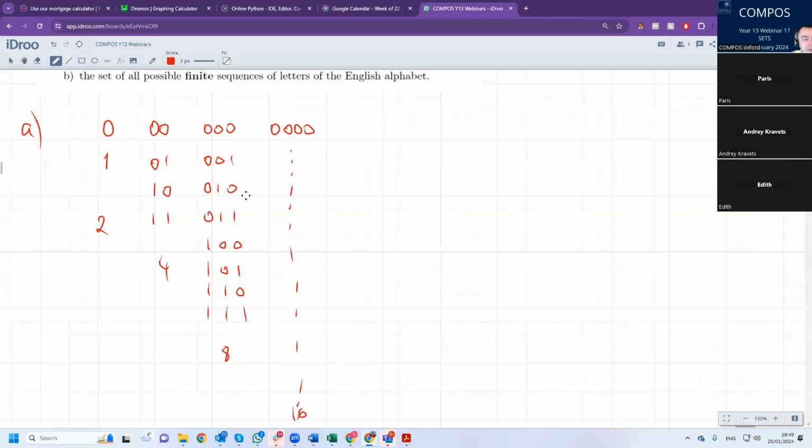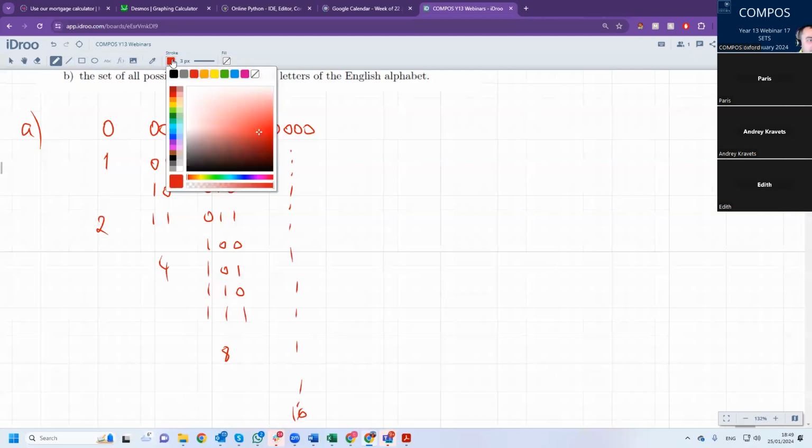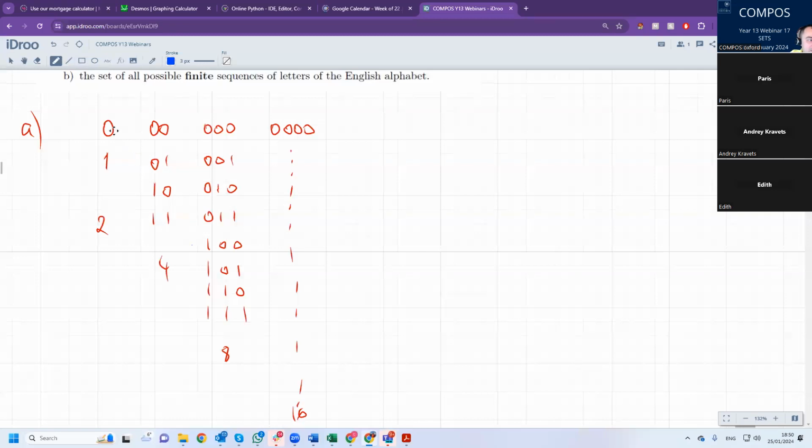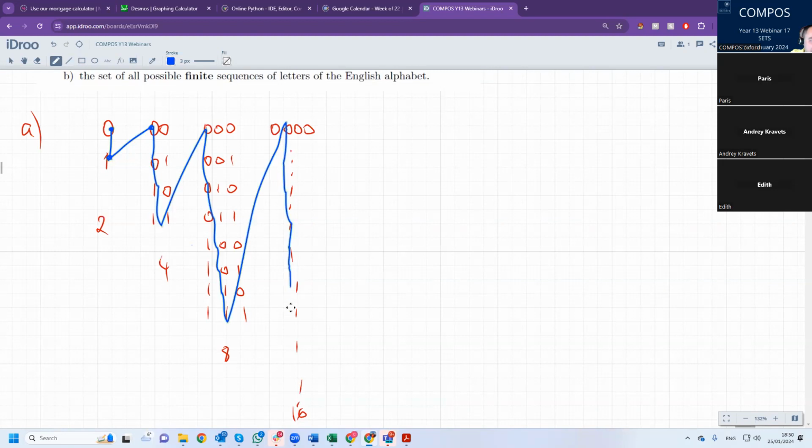So you can start enumerating: 1, 2, 3, 4, 5, and so on up to 24, etc. And you can enumerate them like this.